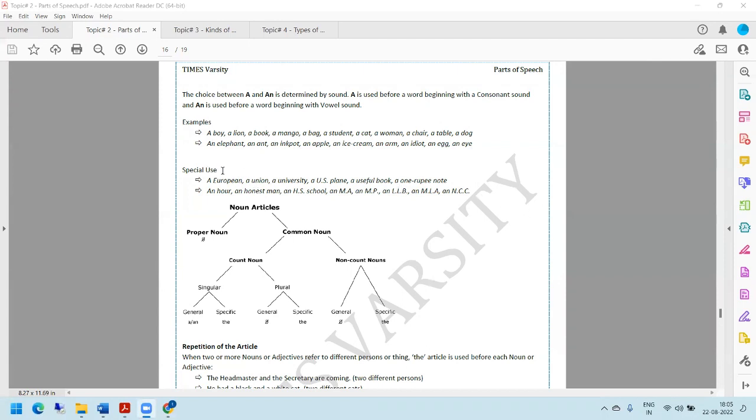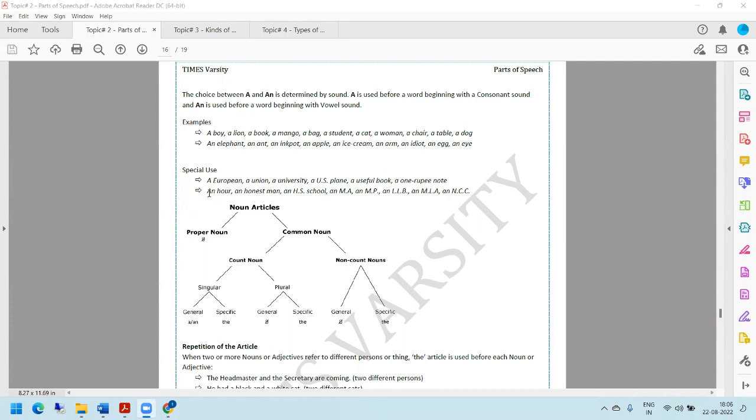Similarly, some special uses are there. Now, like you see, E is a vowel, but still we are using a here. So we call it a European, a union, a university, right?